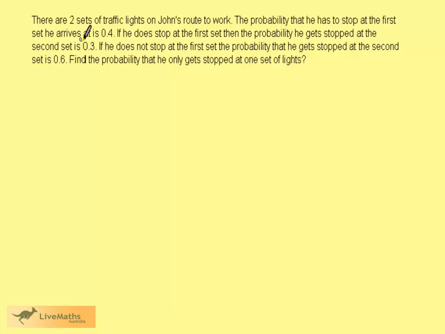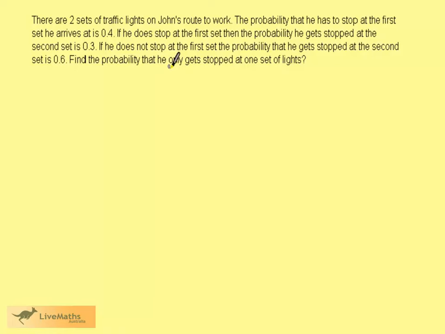There are two sets of traffic lights on John's route to work. The probability that he has to stop at the first set he arrives at is 0.4. If he does stop at the first set, then the probability he gets stopped at the second set is 0.3.